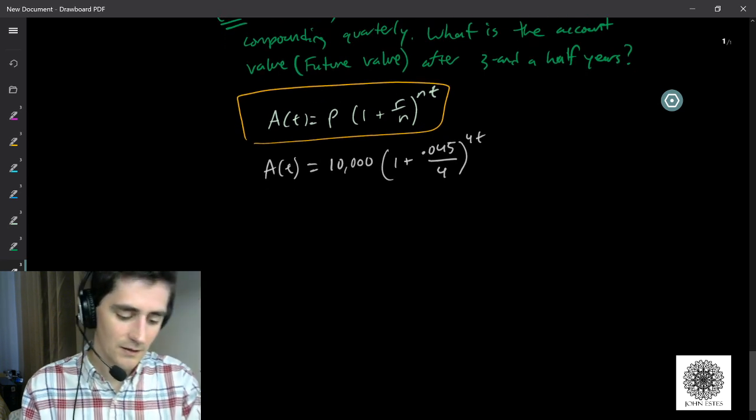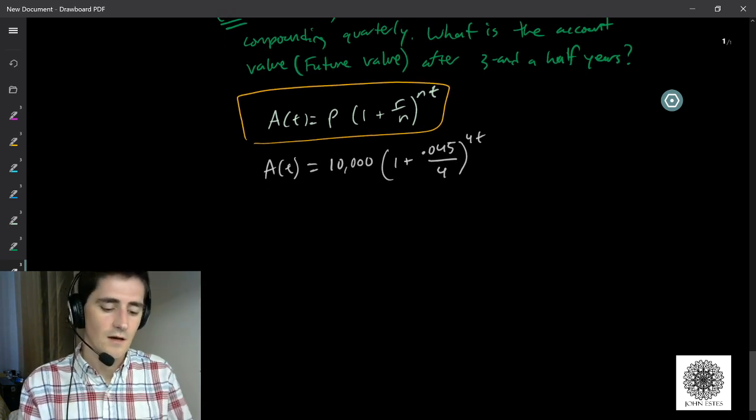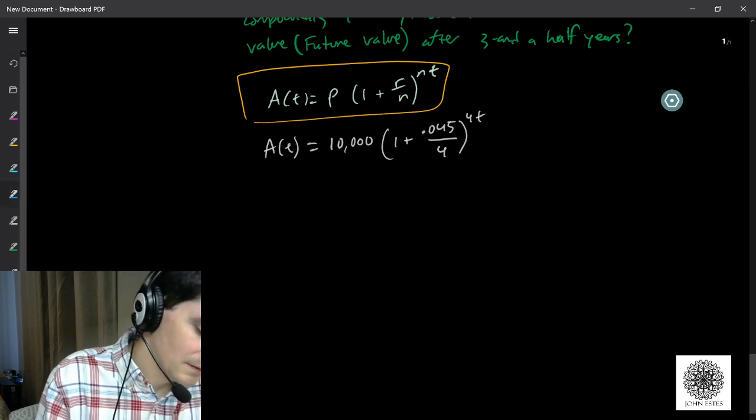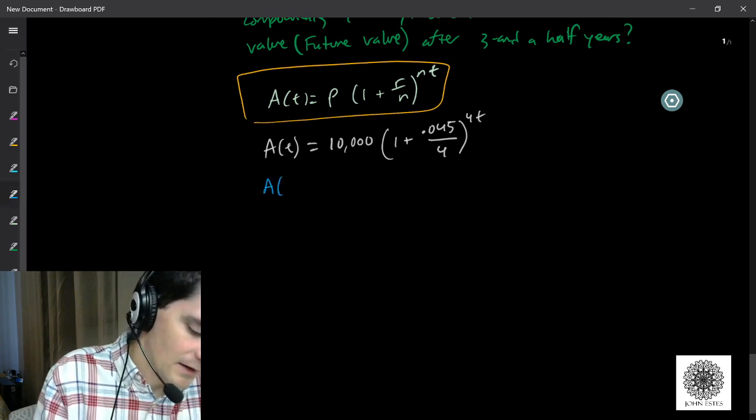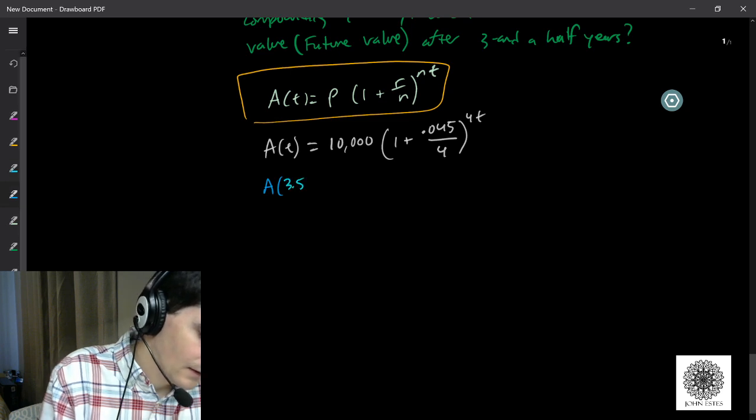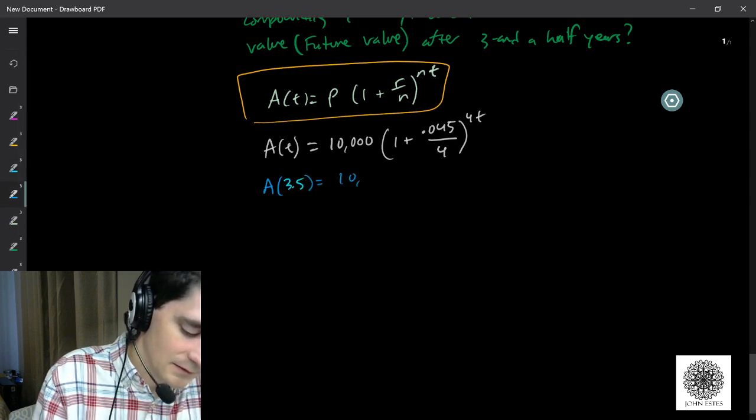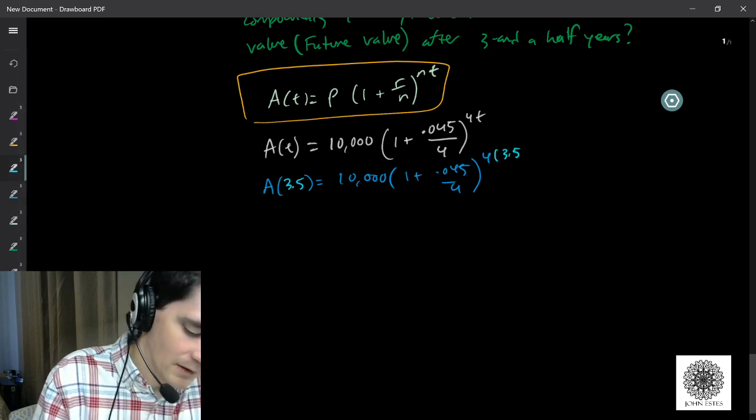Now, what am I plugging in? T, remember, is years. I want 3.5 years, so we want to figure out a of 3.5. So that's going to be this 10,000 times 1 plus 0.045 divided by 4 to the 4 times 3.5 power.